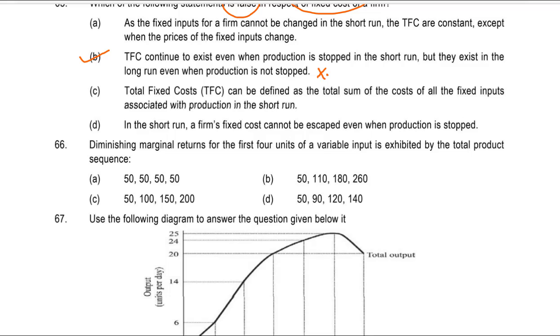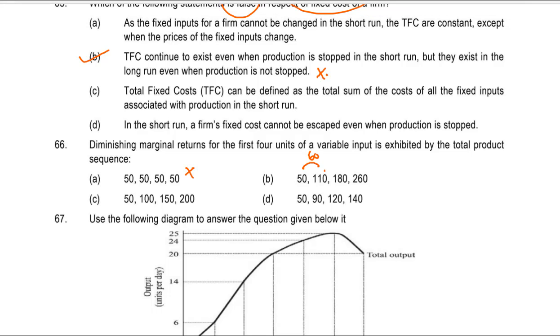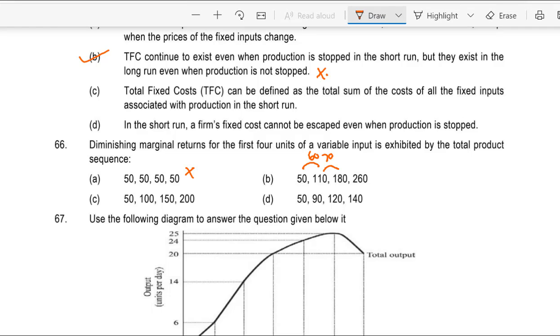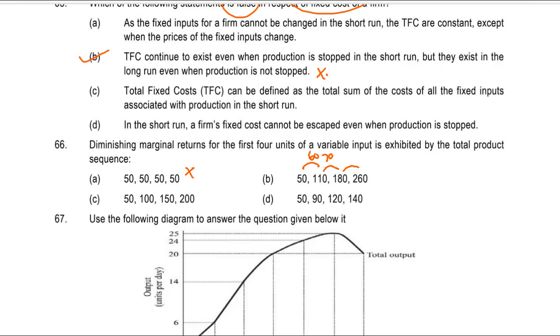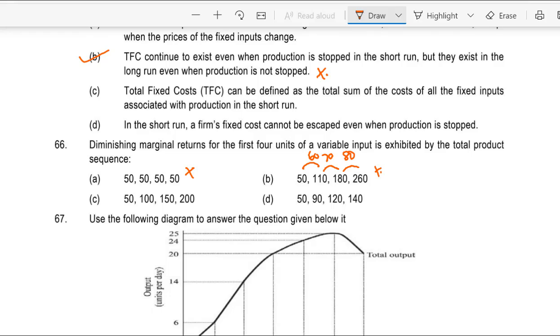Students, over here the total product is same, so this is wrong. Over here, if you could see, 50 plus 60 is 110, 110 plus 70 is 180, 180 and 260, so the difference is 80 over here. So this can't be the answer, because the diminishing marginal return is not there.